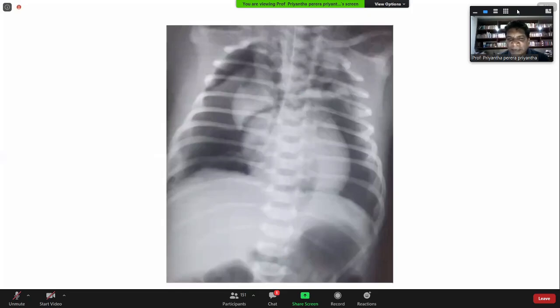What can anyone say? What is it? Cardiac tamponade due to chest compression. Cardiac tamponade increases pericardial pressure, interfering with diastolic filling, right?